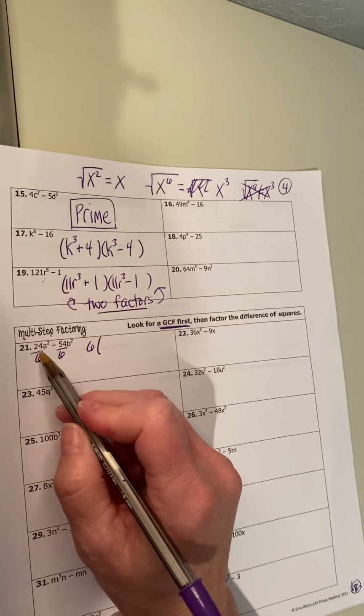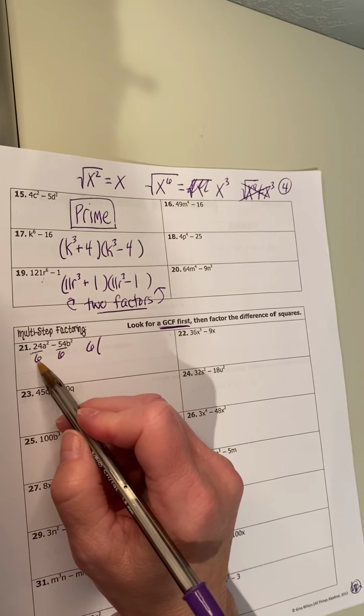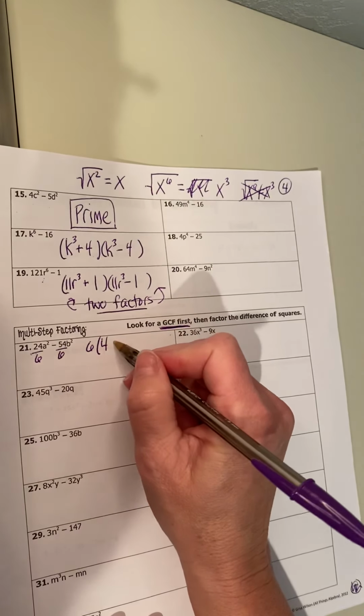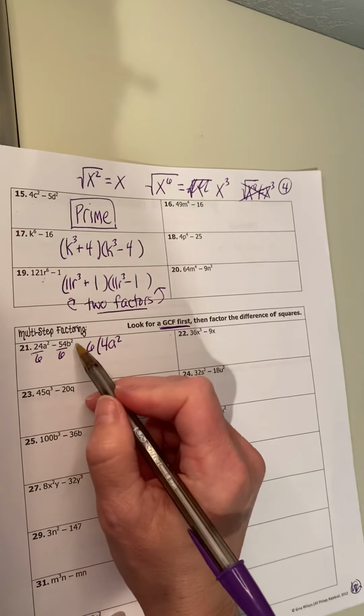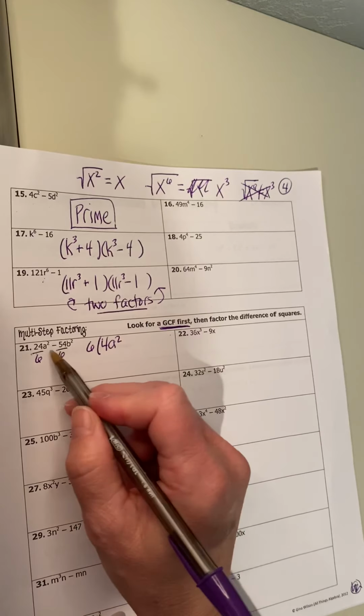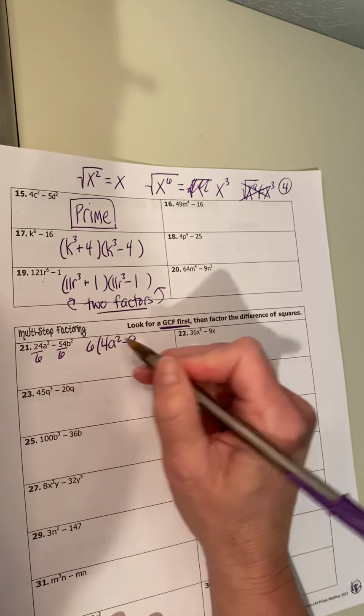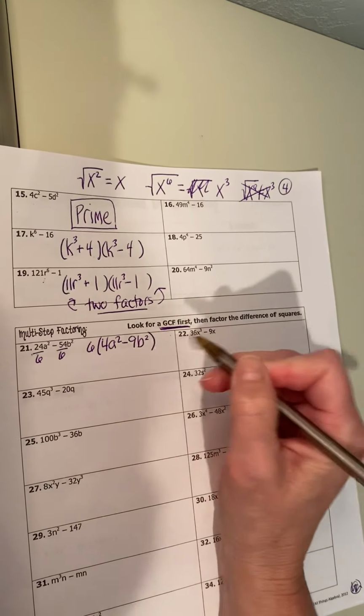Now what I've got is, 24 divided by 6 is 4, and then I'll keep the a squared. And if I divide negative 54 by 6, that leaves me with negative 9, but I keep my b squared.